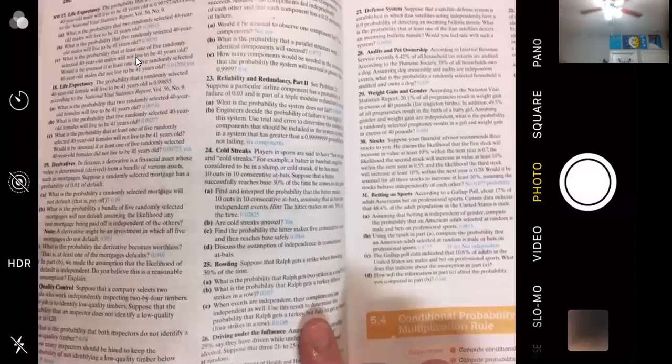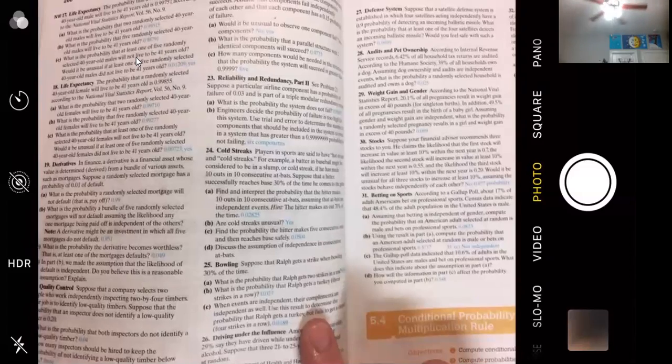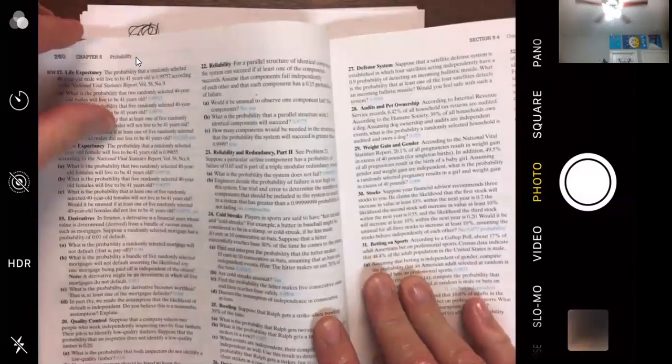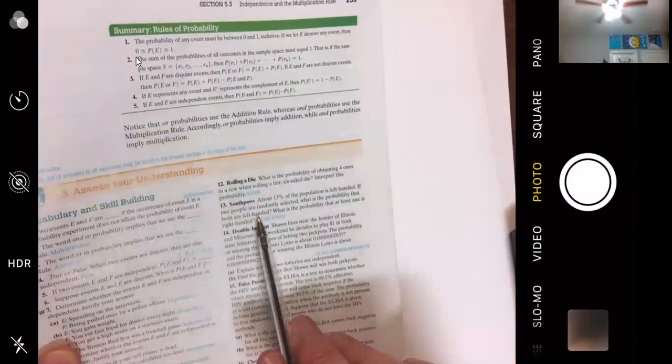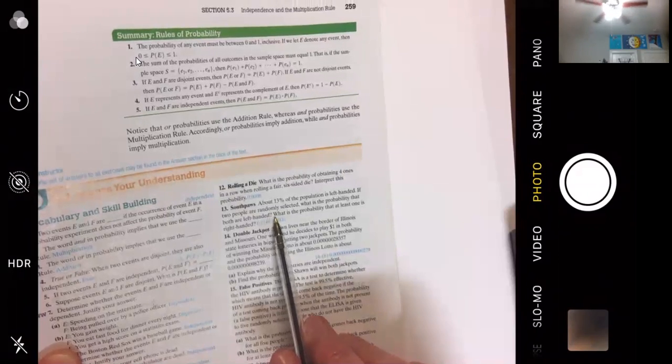5.3.13 was the first one that gave me problems. It reads: about 14% of the population of a large country is nervous around strangers. If two people are randomly selected, what is the probability both are nervous around strangers? I did 0.14 to the second power, or squared, and got the answer. Then part B is, what is the probability at least one is nervous around strangers?